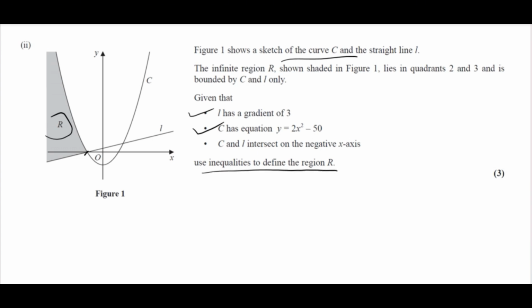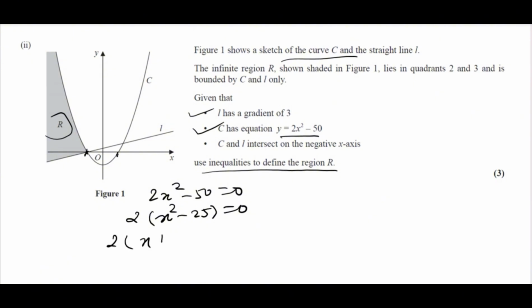So to define this region, we need the equation of line L. So we know the gradient, but we don't know the y-intercept. So what we can do is, first, we can find the two intersection points of this curve with the x-axis. So I can do 2x squared minus 50 is equal to 0. 2 into x squared minus 25 equal to 0.